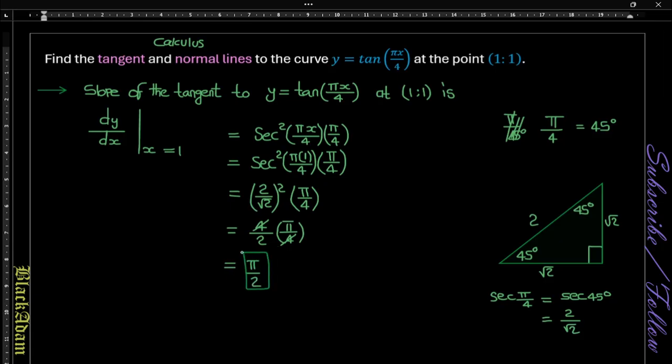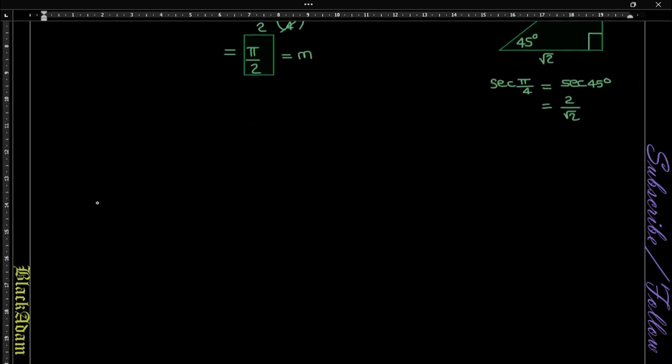Now pi over 2 is our first gradient for the first equation. Remember, the question says we need to find the perpendicular lines. Our equation for a straight line is y equals mx plus c, and at x is 1, y is 1. Our gradient we already found as pi over 2, and x is 1, so we need to find the value of c.